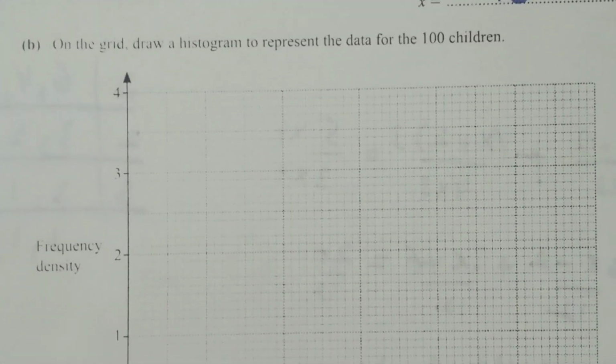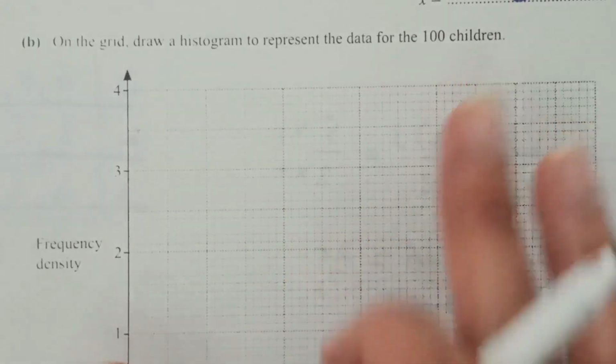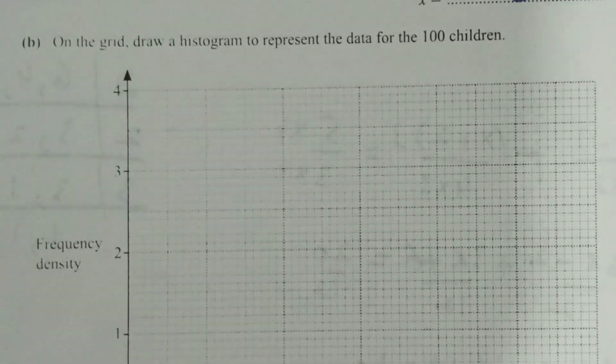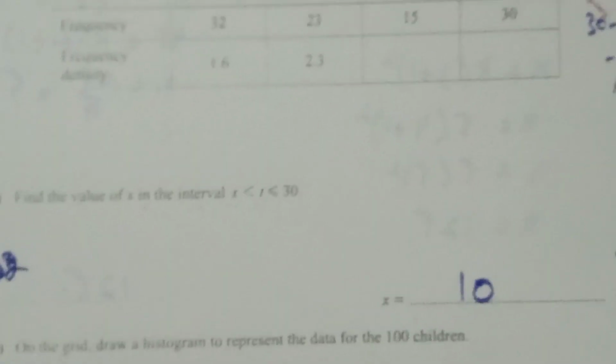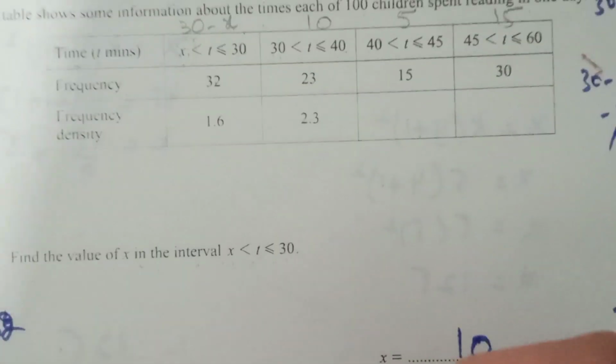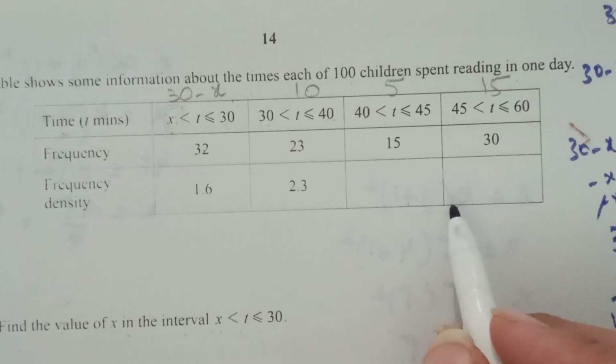In part D, on a grid, draw a histogram representing data for 100 children. We have to draw the histogram. For drawing the histogram, we have to find the frequency densities, which are not given to us.